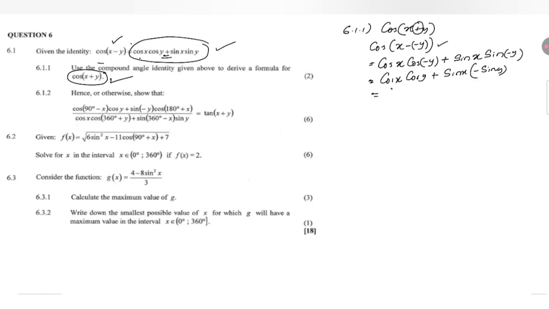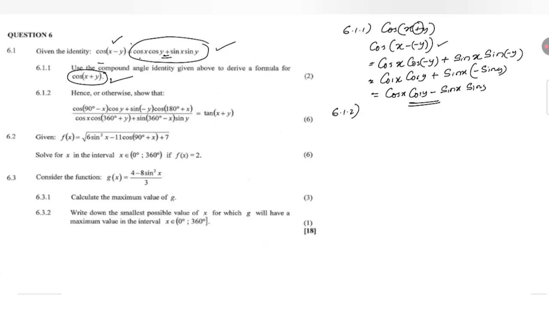So what is the final answer? cos x cos y, and plus times minus gives minus sin x sin y. So we are done. We already know the formula: cos(x plus y) is cos x cos y minus sin x sin y. We got it, but we used the one that is given there. Is it clear now? Okay, now we can go to the next question, 6.1.2.